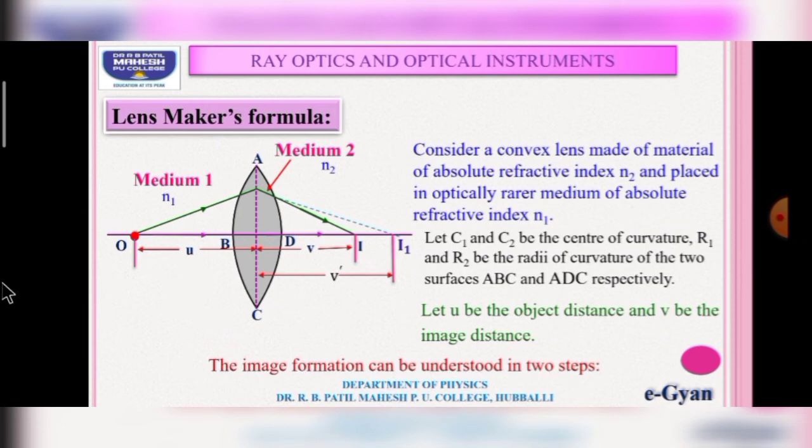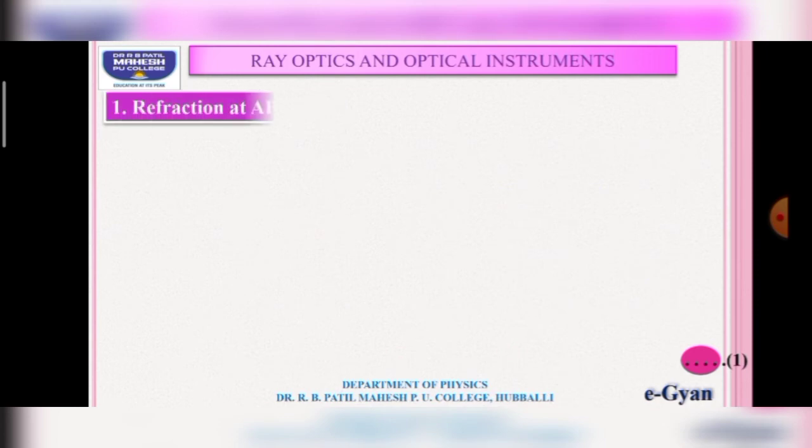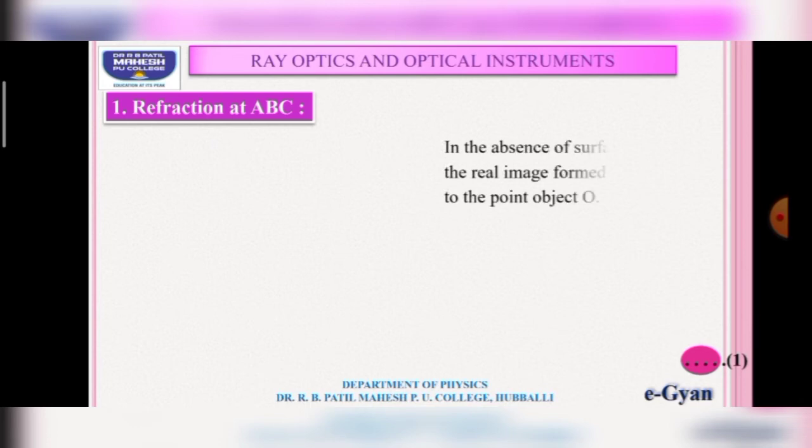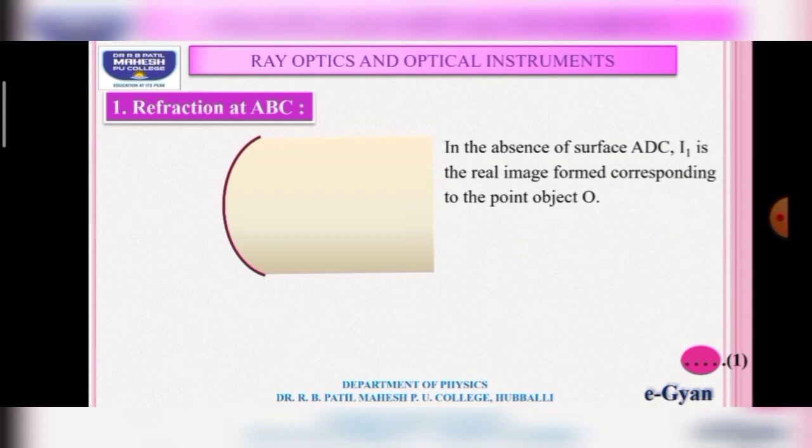Now let us understand the image formation in two steps. First, refraction at surface ABC. In the absence of ADC, we are going to study refraction at surface ABC.